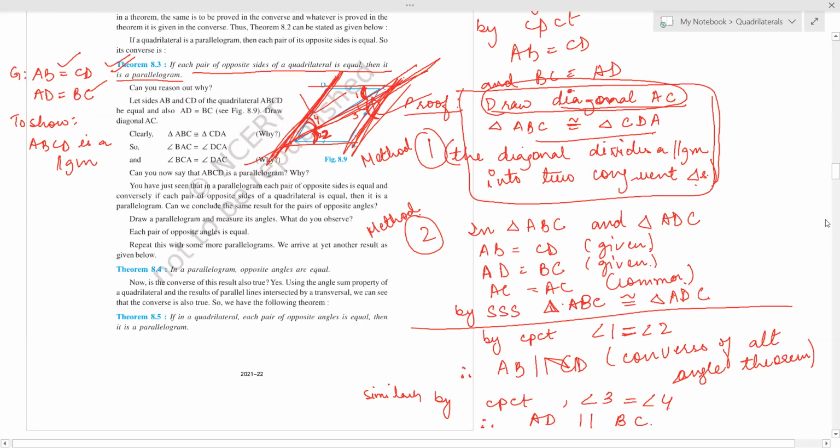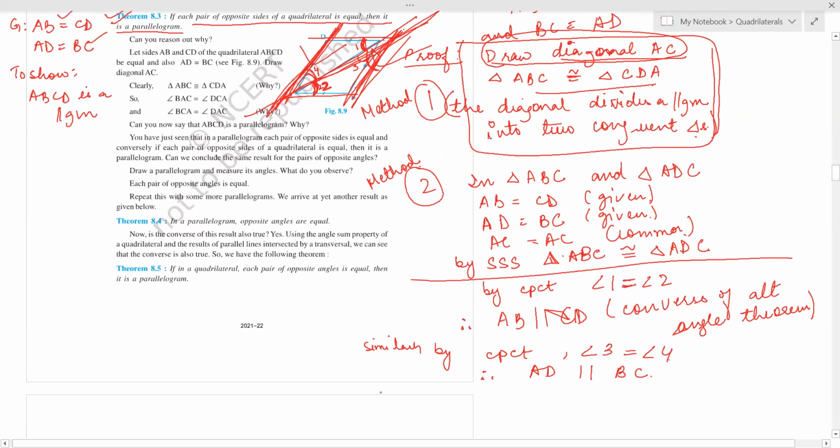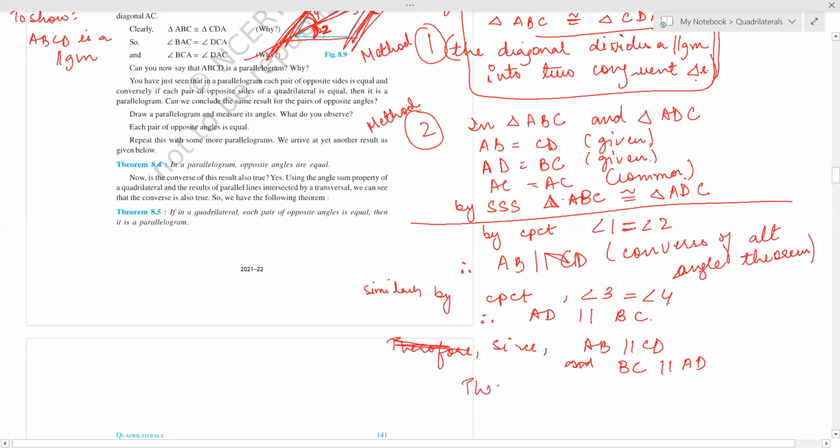So since AB is parallel to CD and BC is parallel to AD, therefore ABCD is a parallelogram. ABCD is a parallelogram. Is this okay?